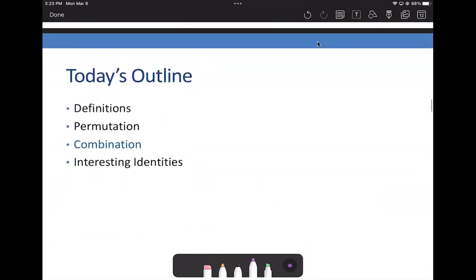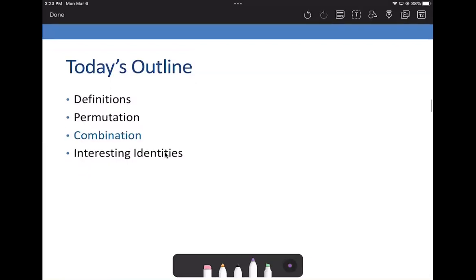So now let's move on to the permutation, the combination pala. Before we move on to the combination, can I ask someone to reiterate what the permutation is again? Yvonne?